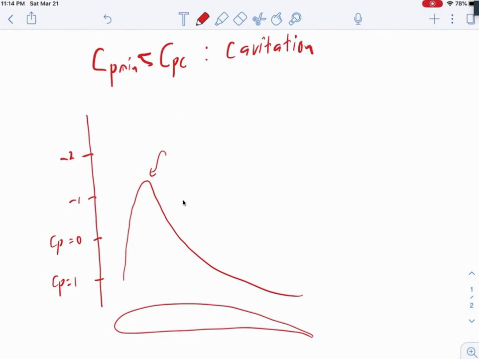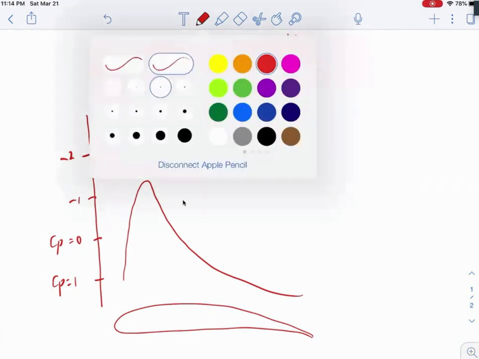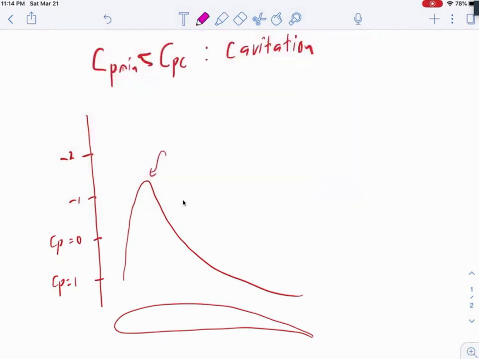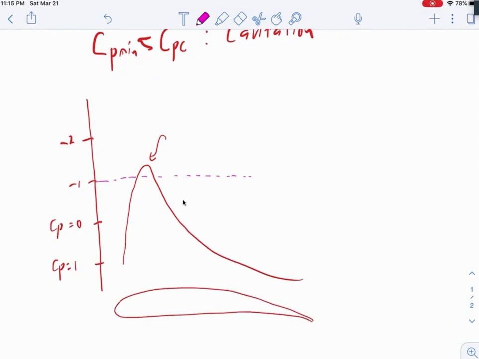Let's say for the conditions the foil is traveling at, it ends up being about minus 1. If I remember correctly for the project, you get a value about minus 1 for a depth of 5 meters, but don't quote me on that.